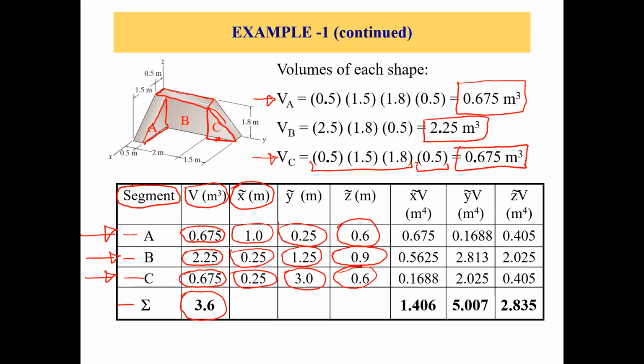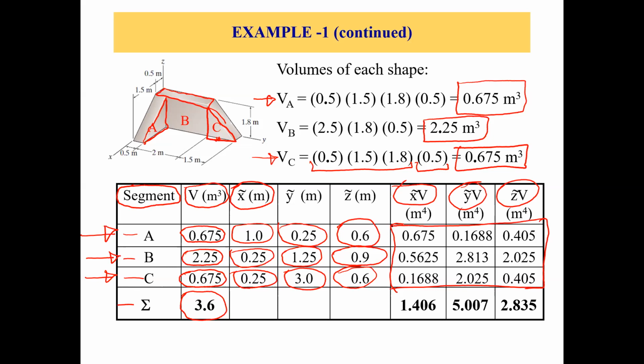Next, you just need to multiply X bar with volume, Y bar with volume, and Z bar with volume, to get X bar times volume, Y bar times volume, and Z bar times volume. Everything will be in meters to the 4. It is simple multiplication, and you get all these numbers.